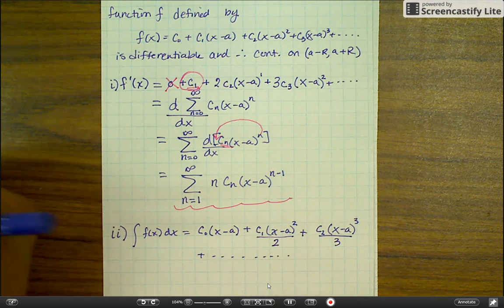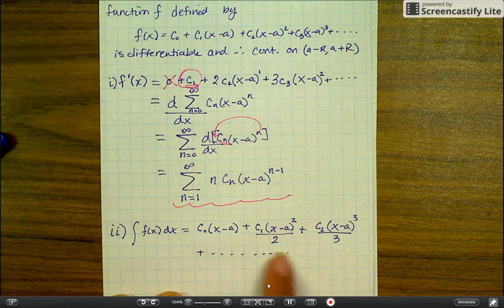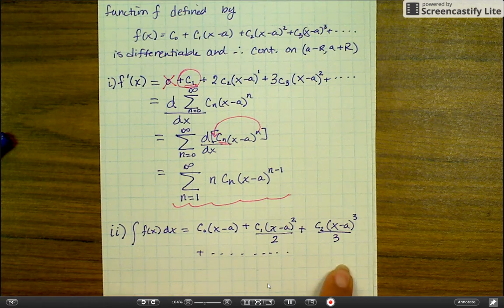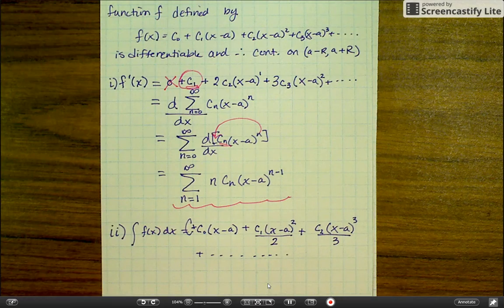This has an infinite number of terms, so I won't be able to write my c over here, so I'm going to squeeze it in right there. I should have left more room.